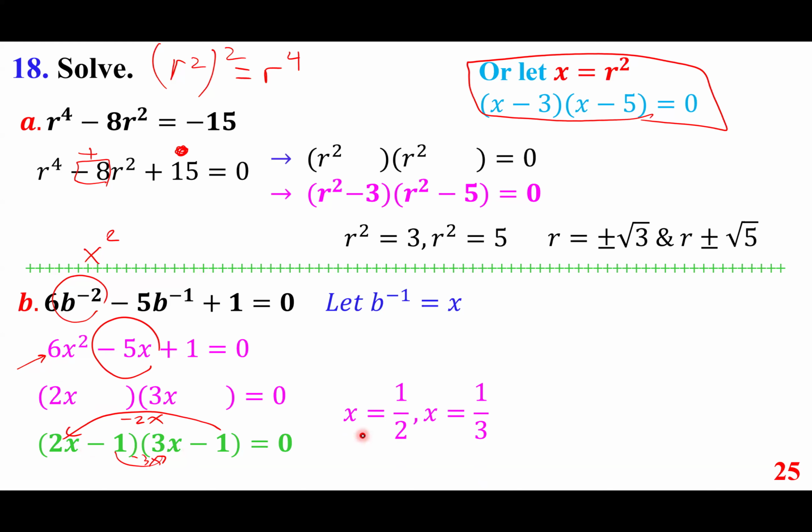So having said that, what is the relationship here? B to the power of minus 1 means 1 over b. And therefore, if 1 over b is x, b is 1 over x, meaning x and b are reciprocals of each other. So if x is 1/2, b is 2. If x is 1/3, b must be 3 over 1 or 3. That's the meaning of it.